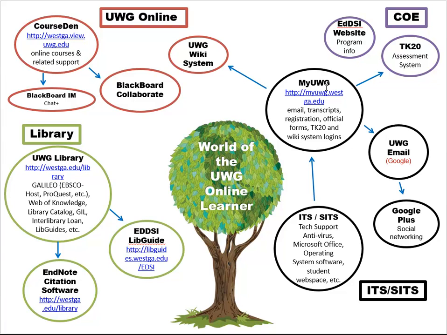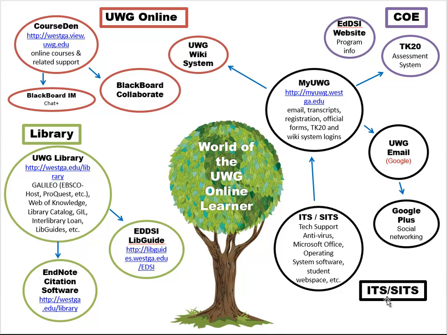From My UWG, this is where it gets a little tricky though, because inside of My UWG, which ITS is mostly responsible for helping with the technical piece of, there are all these other tools that are housed there. So for example, the reason these arrows are here is because this indicates that it's through My UWG that you access the TK20 assessment system, and it is also through My UWG that you access the UWG wiki system.